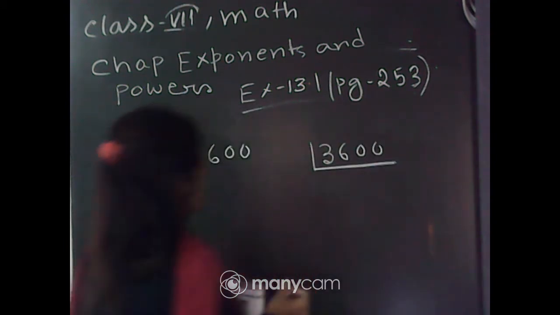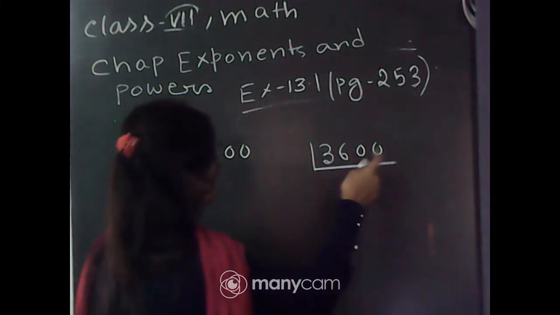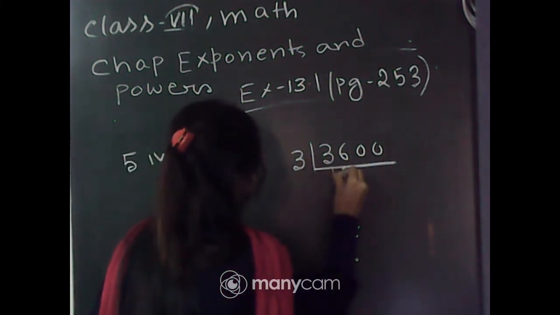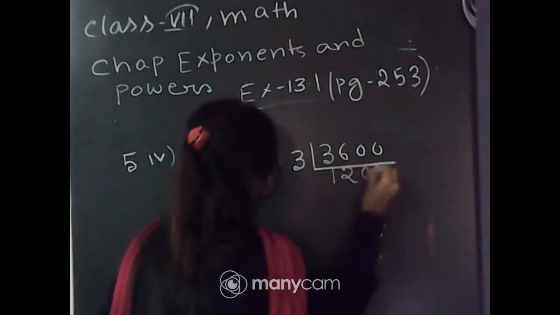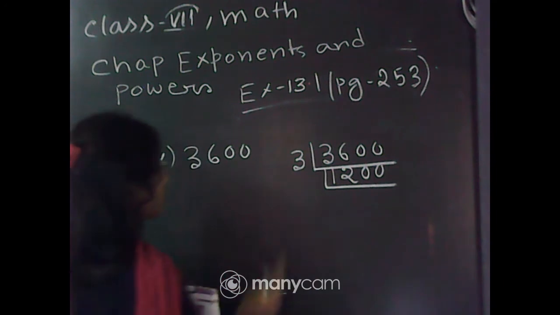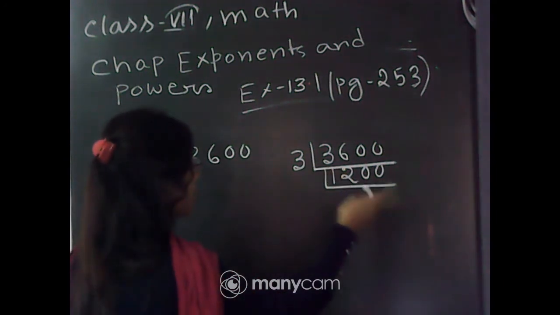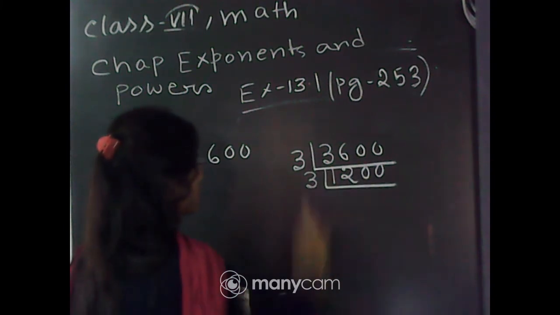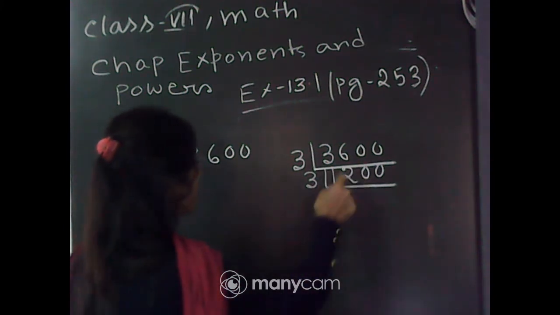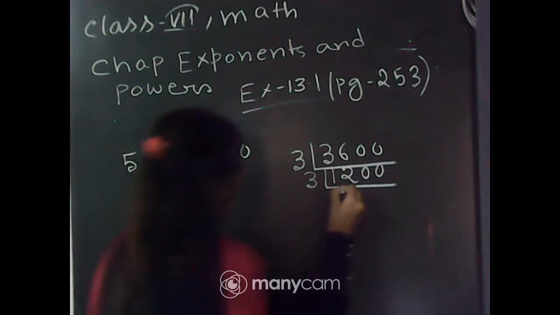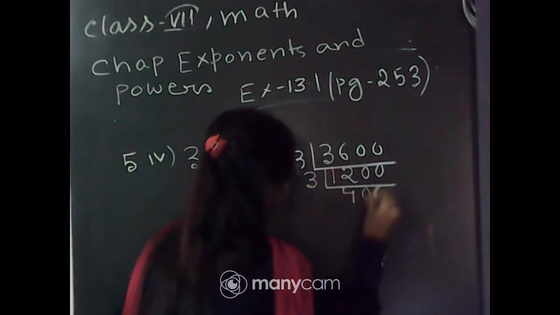First we divide 3600 by 3 and we get 1200. Then we divide 1200 by 3 since it is divisible by 3. So we divide 1200 by the prime number 3 and we get 400.